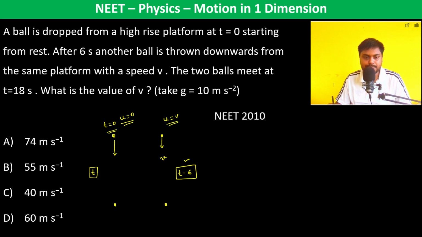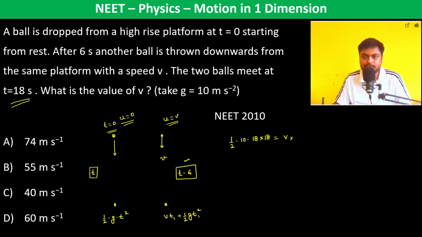So the distance traveled is going to be half into g into t square, and here it's going to be vt plus half into g into t square, but here it's t1 and this t1 is t minus 6. So we'll equate both of them. Half into 10 into 18 square, because it's mentioned that they are meeting after 18 seconds, should be equal to v into t minus 6.